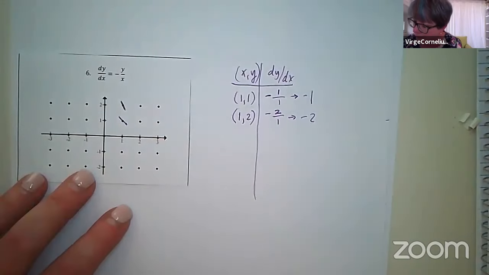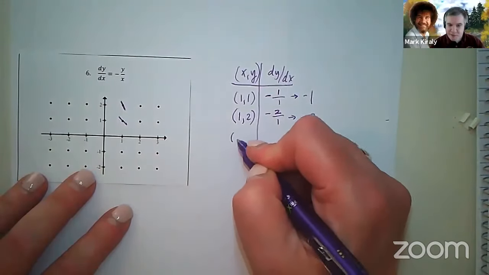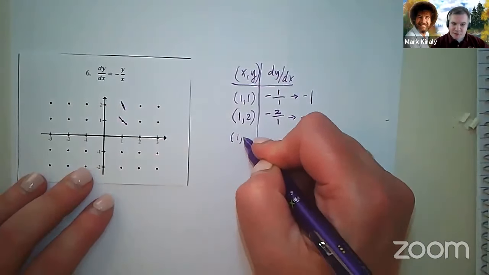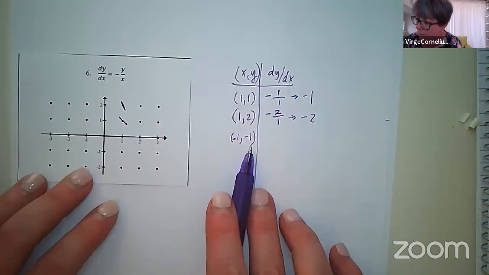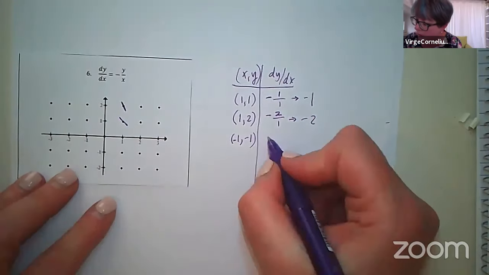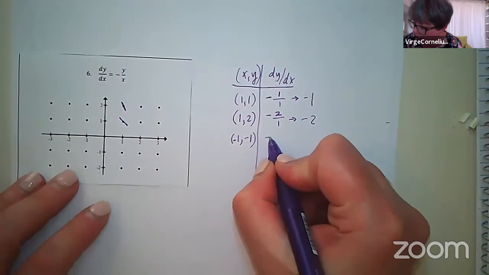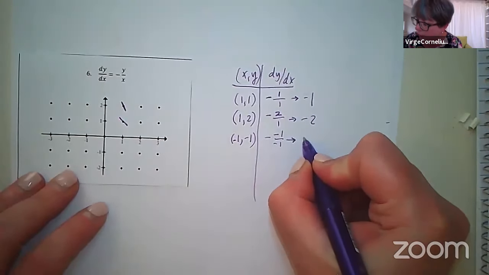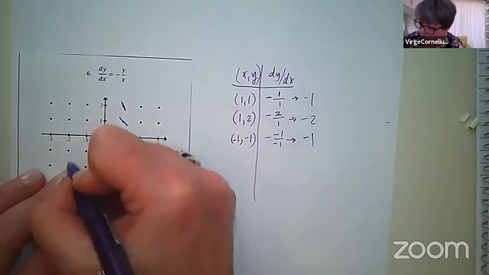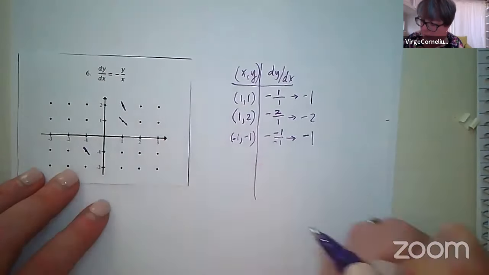Well, y and x have to be equal in absolute value, right? So here at (-1, -1), this point right here, this would be negative 1 divided by negative 1, or negative 1. So that would be right here.